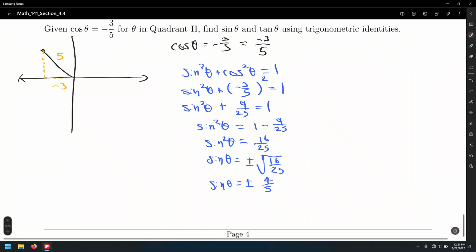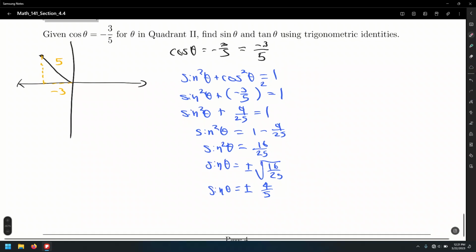Are we going to take the positive or are we going to take the negative? Why is it the positive in this case? Because in quadrant 3, the x's are only negative, and y is positive, right? And y is the sine function, right?